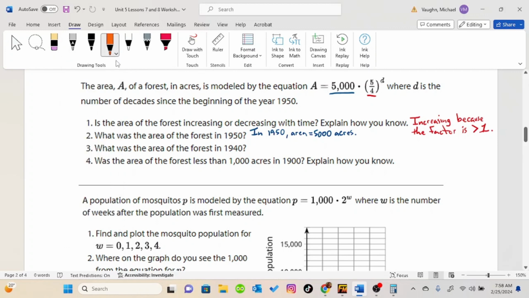Number 3. What was the area of the forest in 1940?